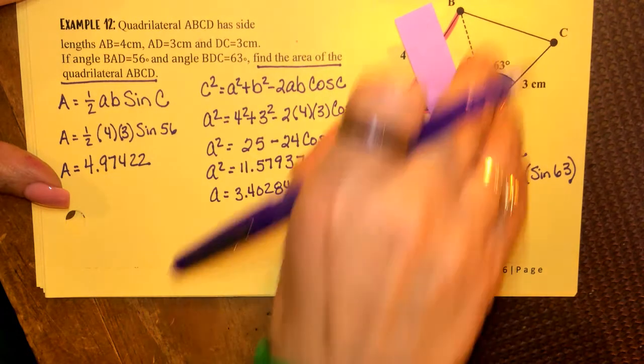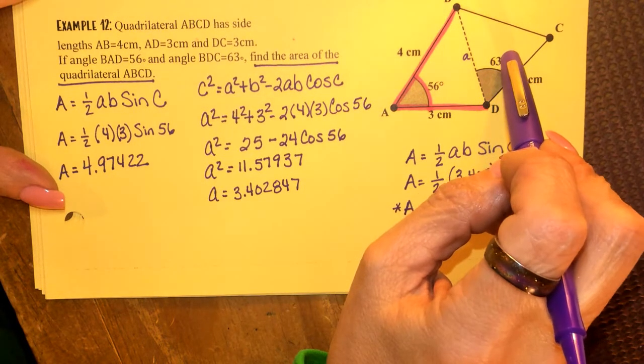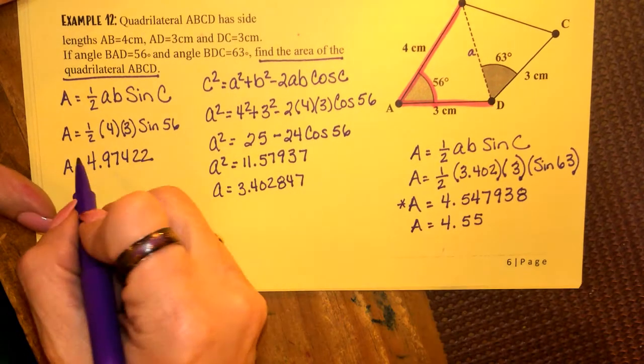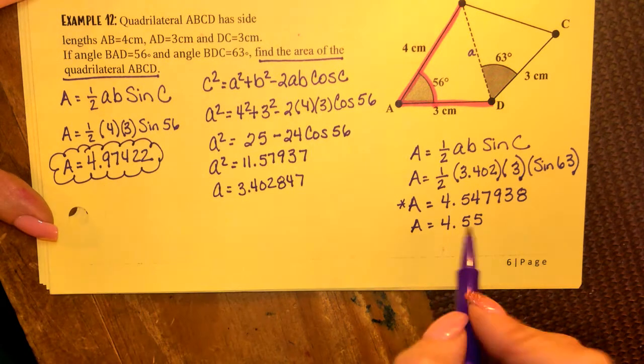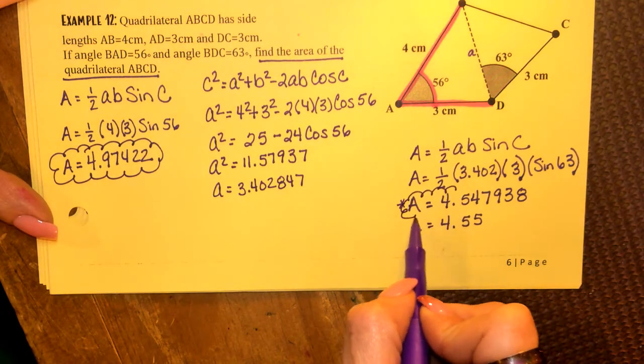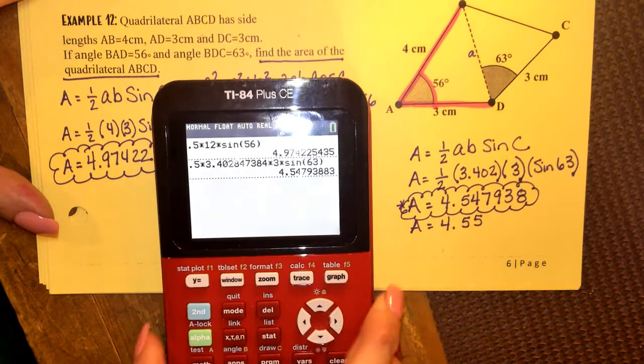All right, so now I know the area of this one and the area of this one. I'm going to add those two together. So I'm going to put a little thing around this one, and around this one, to be a little more accurate. I'm going to go on my calculator.